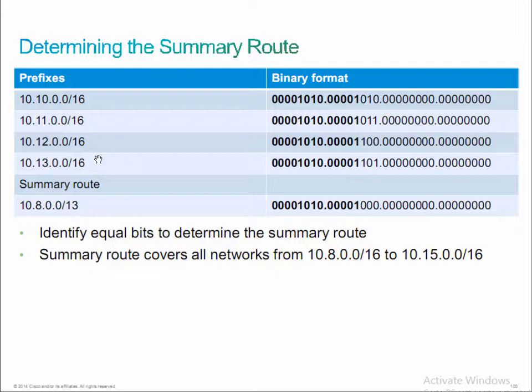I showed you that essentially to do summaries, you just want to find all of the common bits. In this particular case, for 10.10, 10.11, 10.12, and 10.13, the first 8 bits are common to every one, which is the 10. And then 9, 10, 11, 12, and 13 are common.